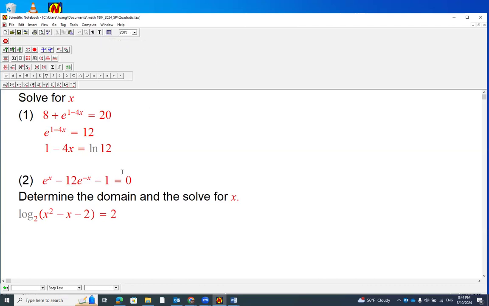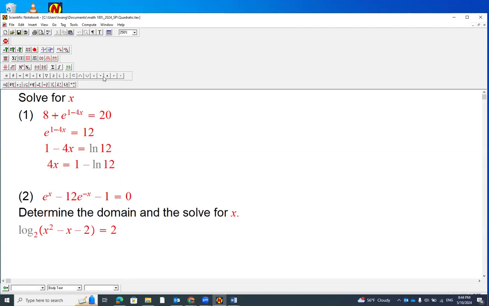And then we add 4x on both sides and subtract ln 12 on both sides. So we get 4x equals 1 minus ln 12. And then we divide by 4 on both sides.